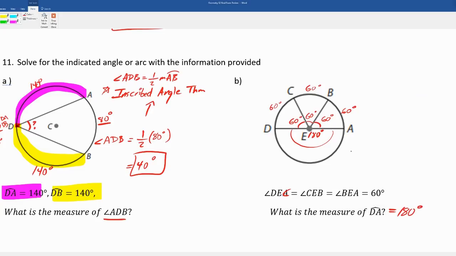Because they already give you all these guys, and all these guys equal 60, but there's three of them. So there's 360 already given to you for that half of the thing. And if all three add up to 180, then DEA is 180. So that's another way of looking at it.